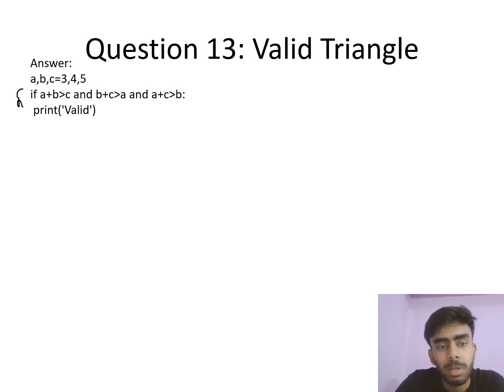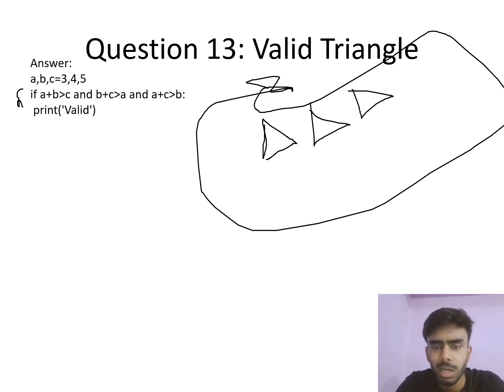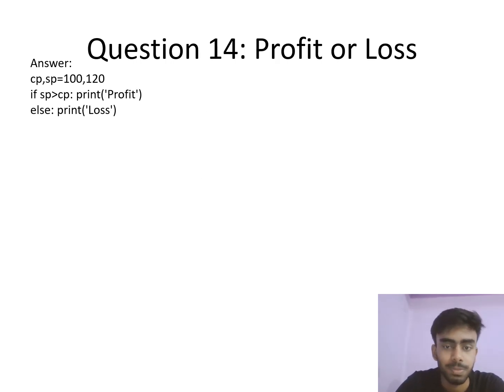See, if A plus B, if two sides are greater than the third side, that means it is a valid triangle. That means one side must be less. This may be the reason for the valid triangle. Now come to the next question.